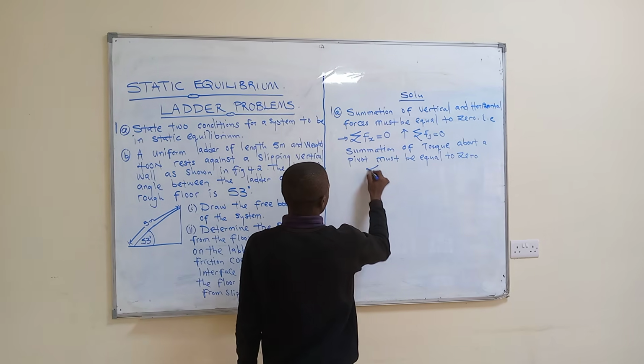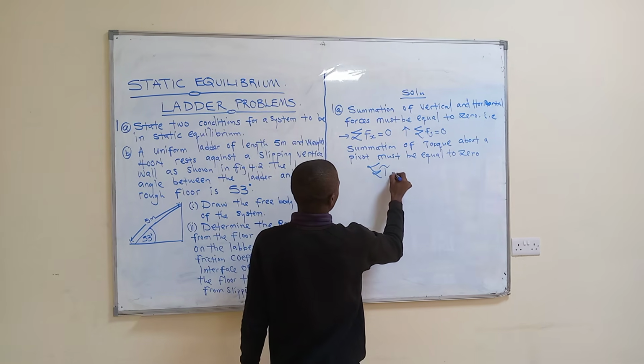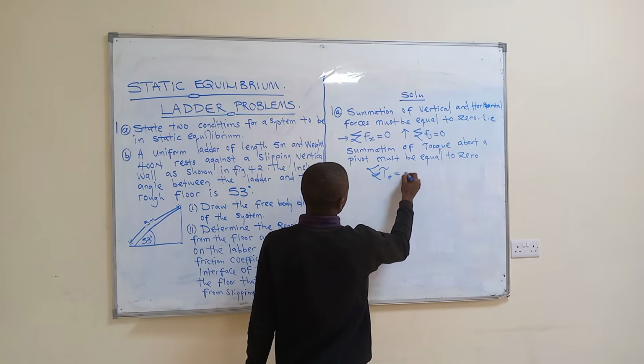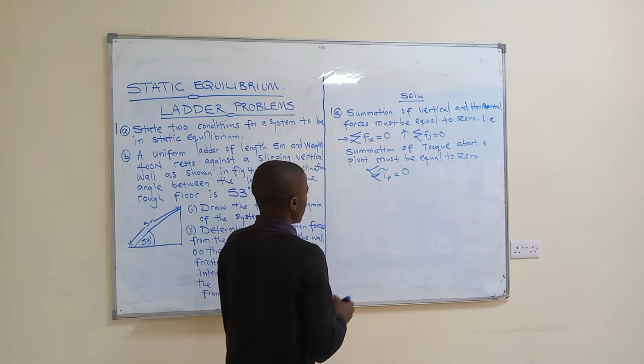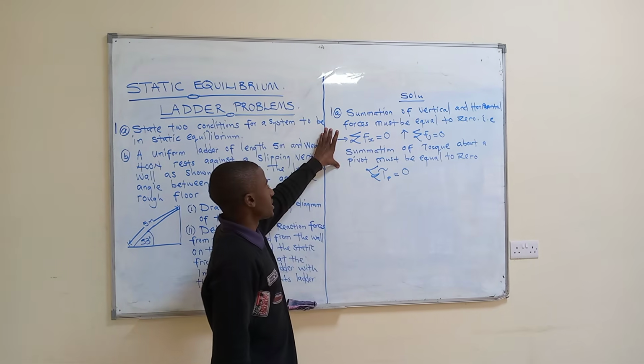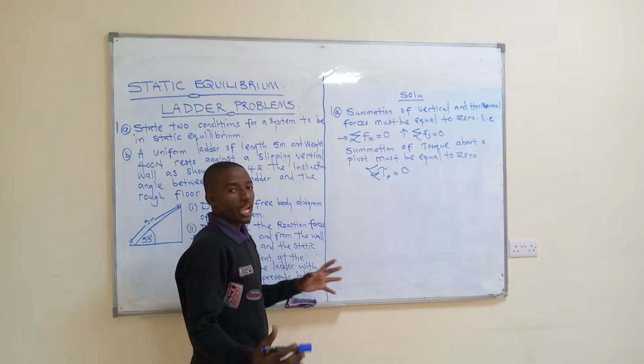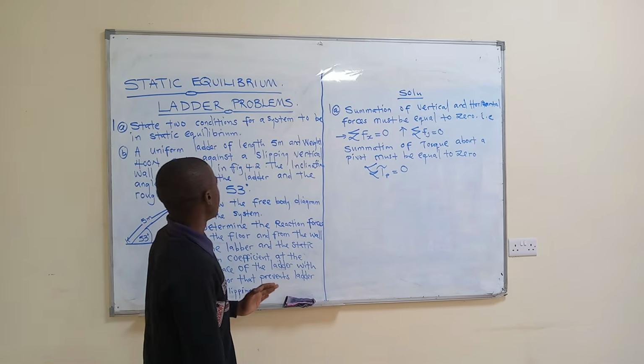That is, summation of torque about pivot is equal to 0. So these are the two conditions that are necessary for any object to be in what?